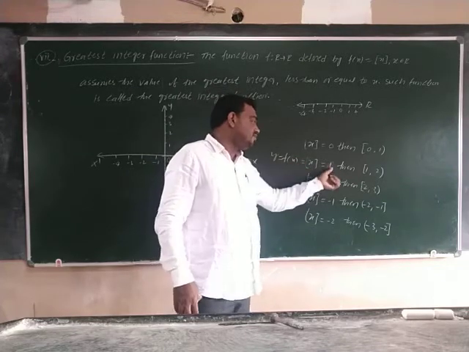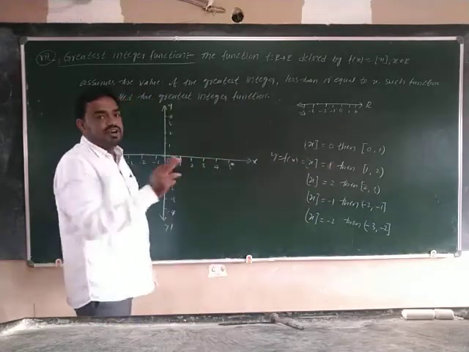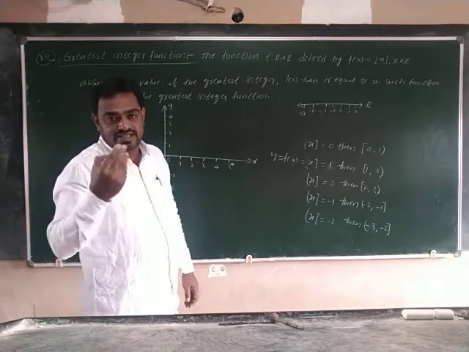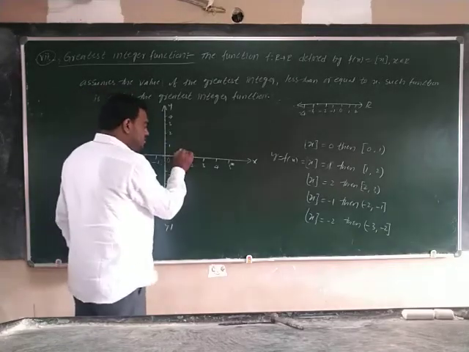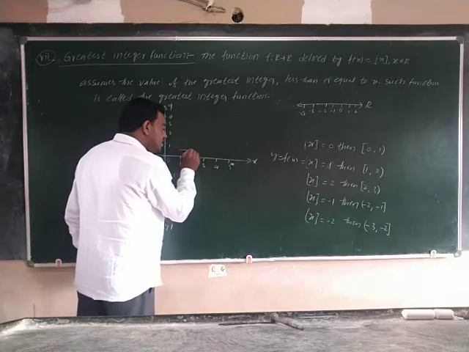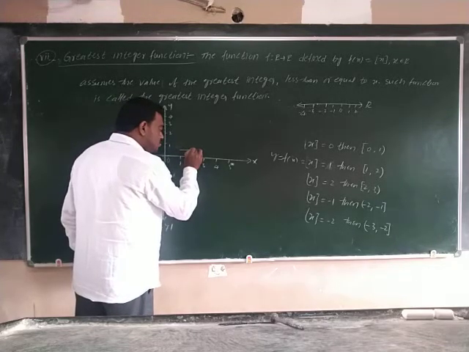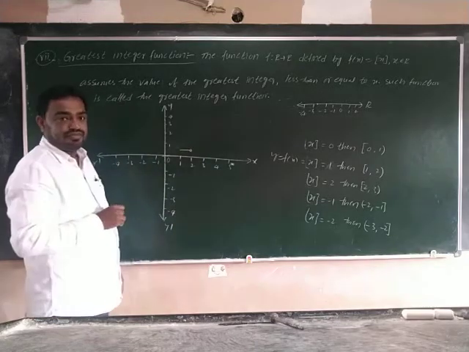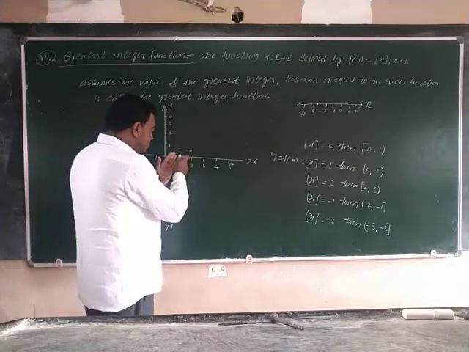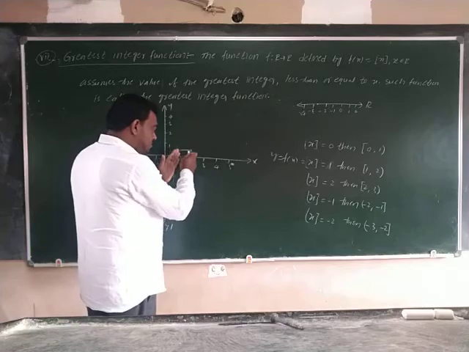That means the y value is 1. So y equal to 1 is parallel to the x-axis. In this interval, this is the graph. But here 2 is excluded, so I have written it like this. Between 1 and 2 only is the line.